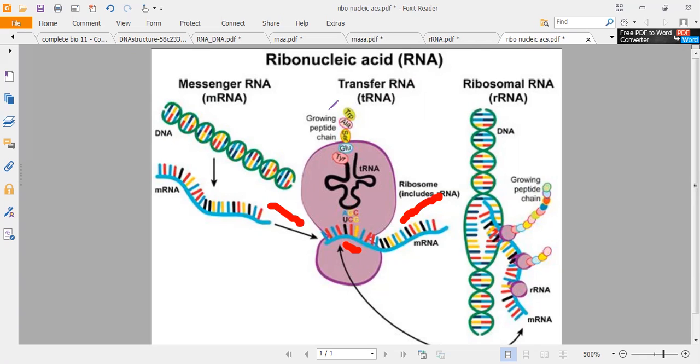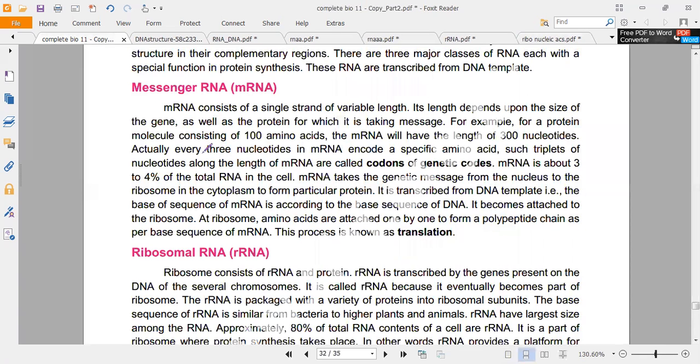There are 20 different amino acids that make up proteins. This process is called translation, and it is for protein synthesis.